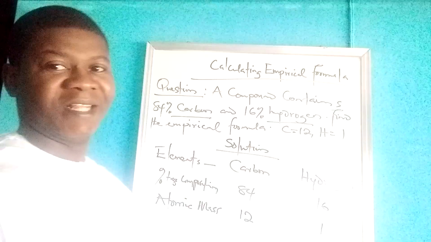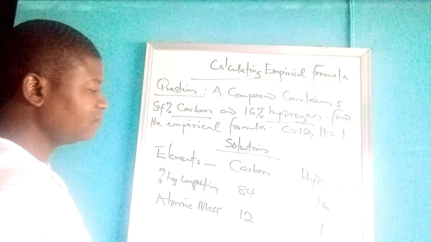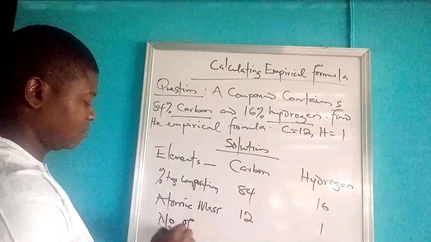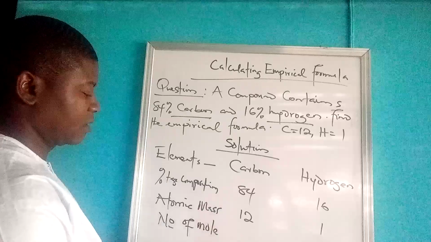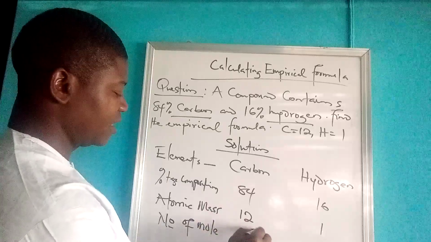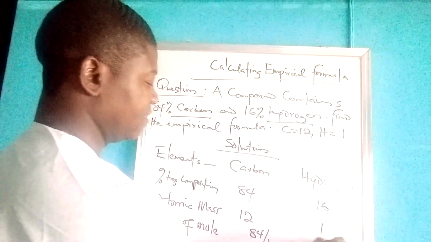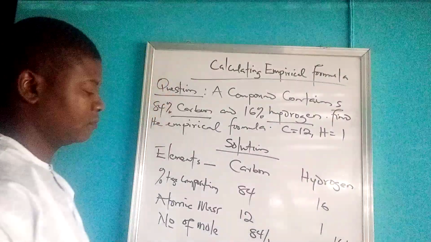Now we are going to calculate the number of moles. Calculating the number of moles, we have 84 over 12, and then we have 16 over 1.